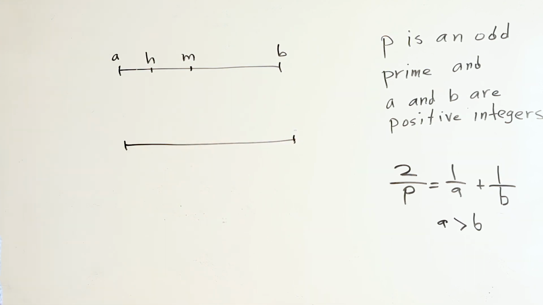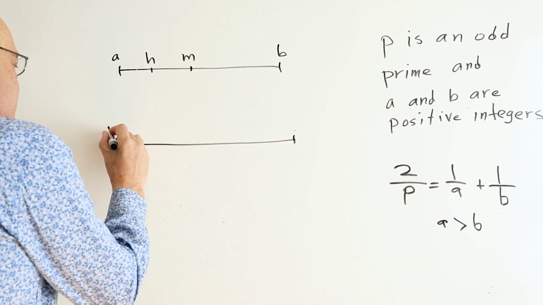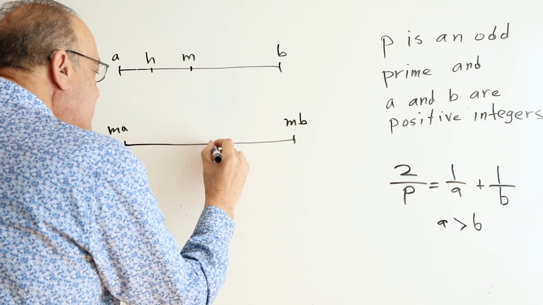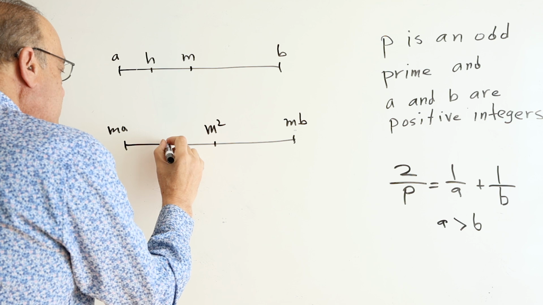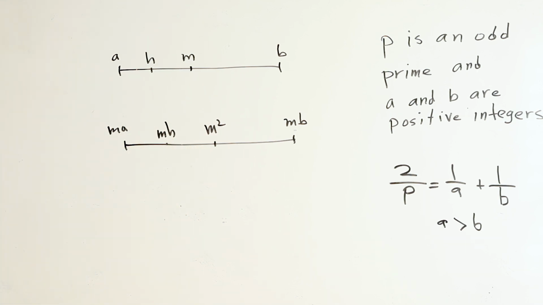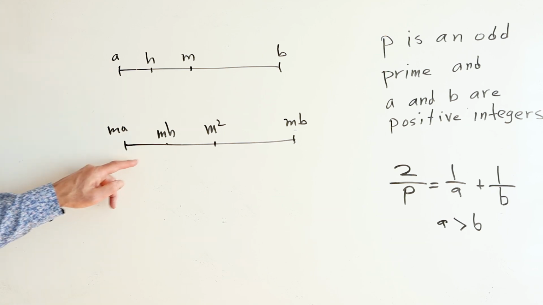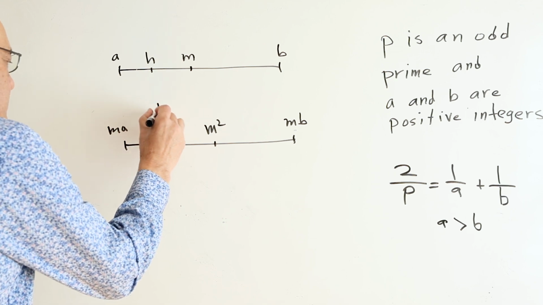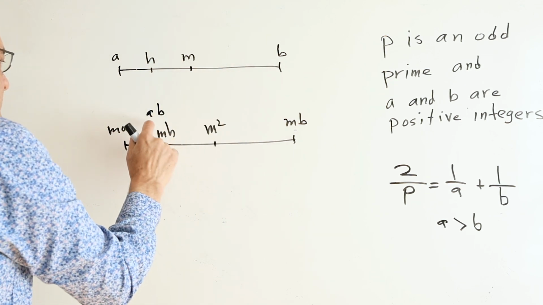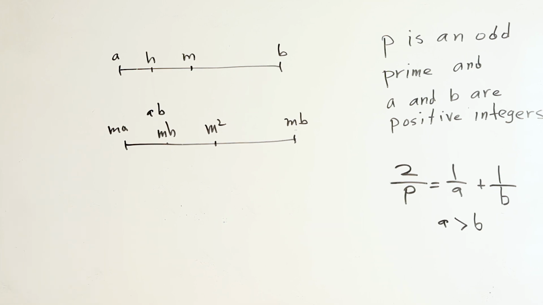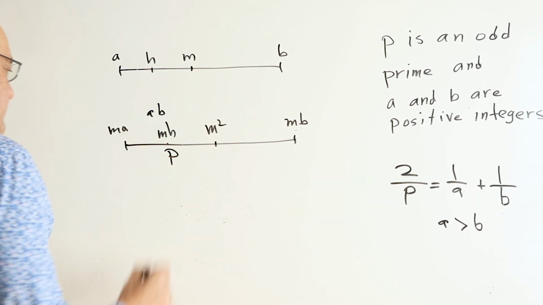I'm going to multiply everything by M. So I'll make that MA, MB, M squared, and MH. When I do that, these will all be whole numbers, because this MH we know is equal to A times B. So if A and B are whole numbers, AB will be a whole number, and MH will be a whole number. Now in particular, suppose MH is equal to P, a prime number.